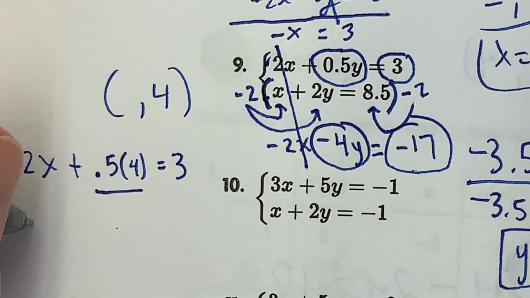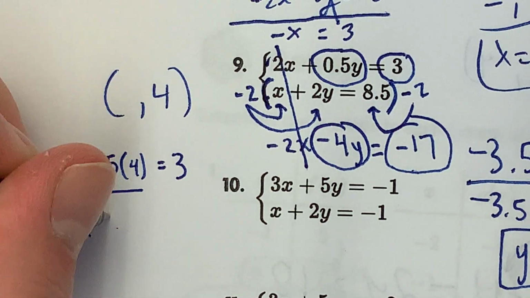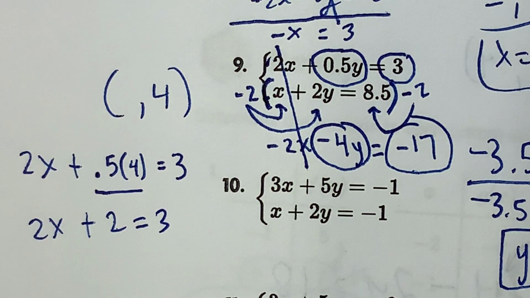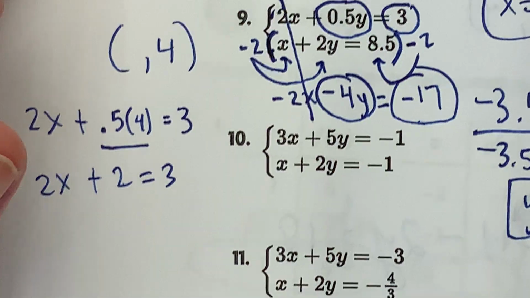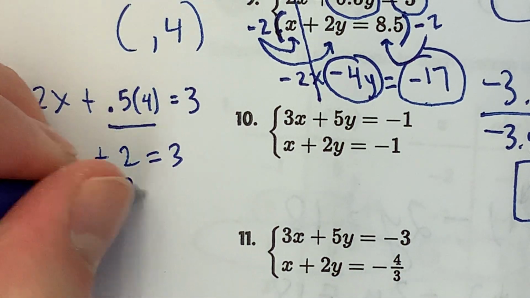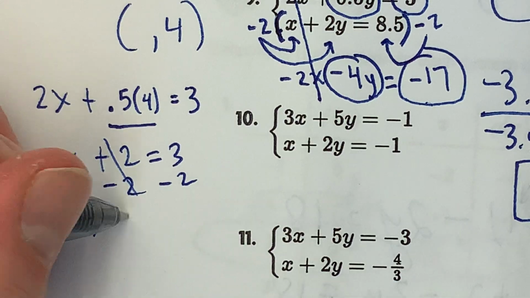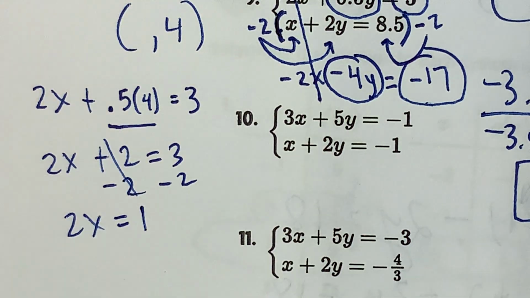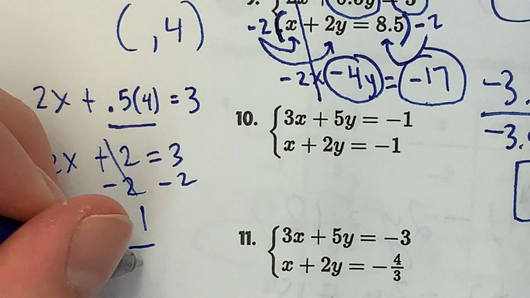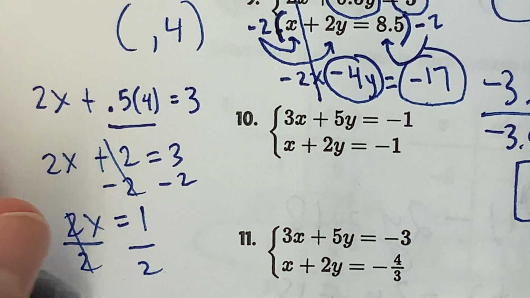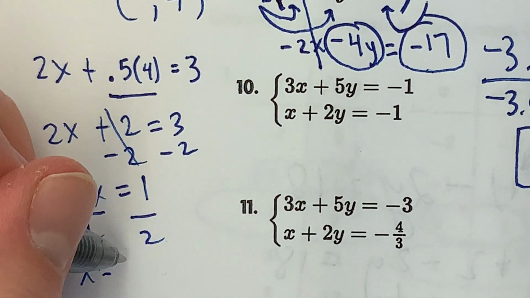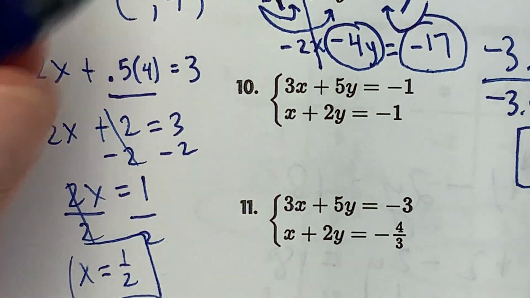Well, what is half of 4? It's 2, right? So let's just rewrite this with a 2 there. And now solve for x by subtracting 2 on both sides. 2x equals 1, because 3 take away 2 is 1. Divide by 2, and look, there's your half. x equals 1/2, and that's okay.